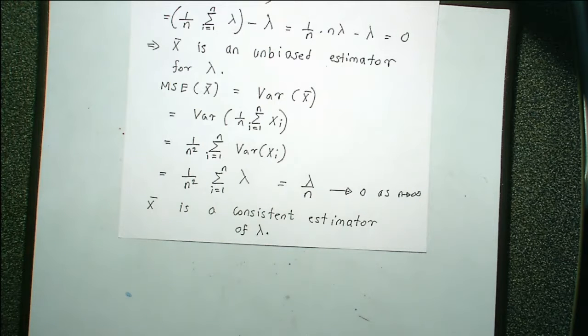The difference between example 3 and quiz 5 is that in example 3 we just have two data points, x1, x2. In quiz 5 you have n data points, x1, x2 up to xn. That's the only difference.